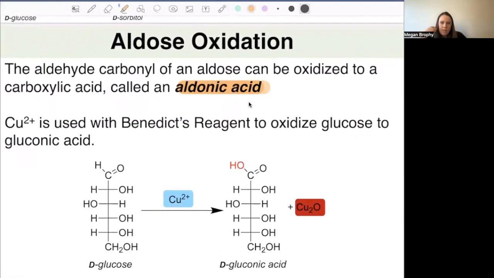So this is really common. It can be done with copper 2+, which is used as part of Benedict's reagent to oxidize glucose to gluconic acid. And one of the things that's really nice about this reaction is you see a very clear color change. So copper 2+ is a very nice blue color in solution.